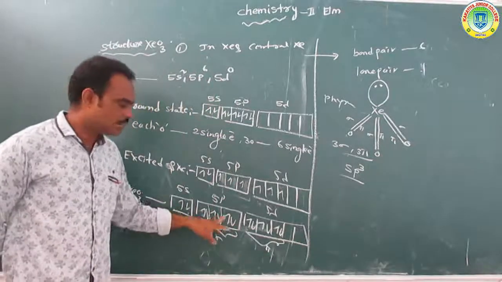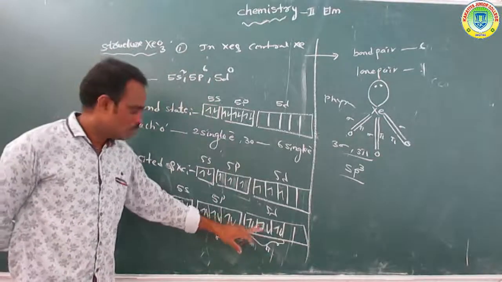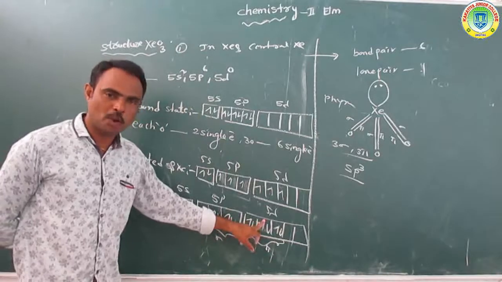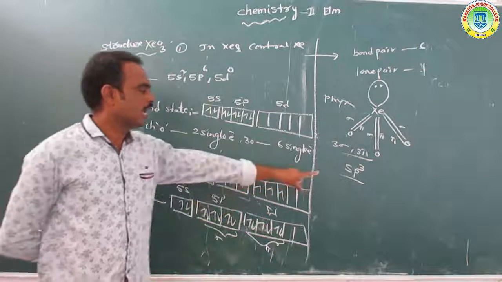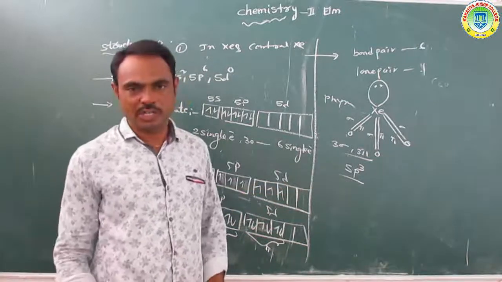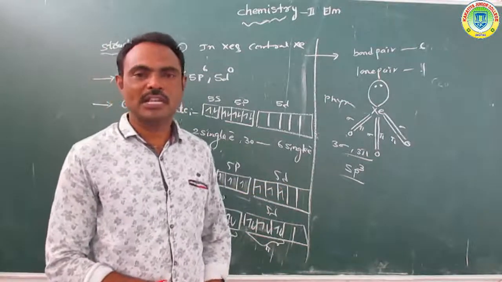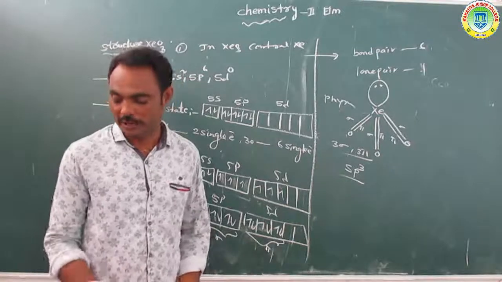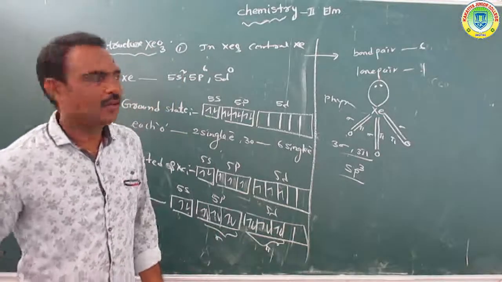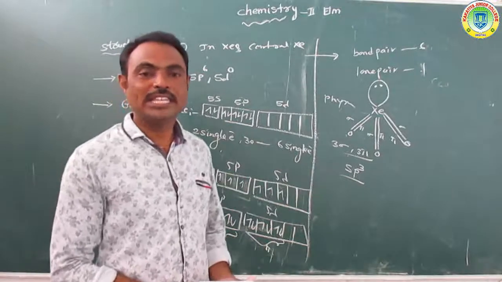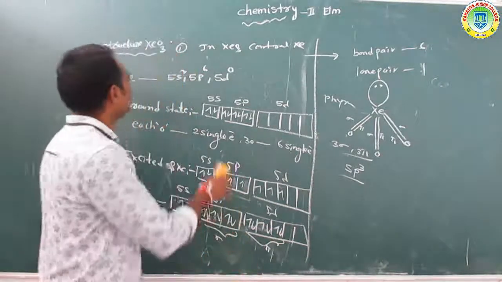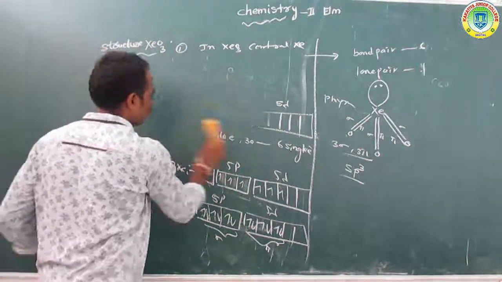Pi bonds are weak and are not considered for hybridization. Overall sp3 hybridization. So that is the structure of XeO3. Next we will discuss the structure of XeOF4.